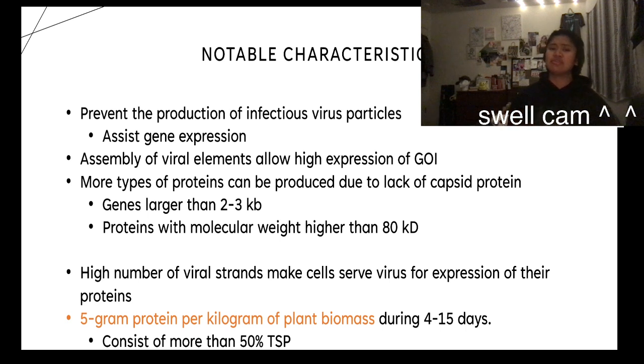Also, assembly of viral elements allows high expression of your gene of interest, which in turn causes a higher yield of your protein, as more of your gene of interest is being expressed. And since you lack that capsid protein, you have more room to insert genes larger than 2 to 3 kilobases, and proteins with a molecular weight higher than 80 kilodaltons are able to be expressed.